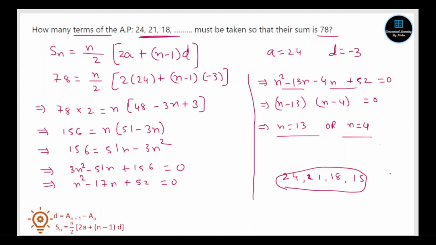Do we get 78? Yes, we'll get 78, right? Now, when I complete this AP, I'll get some negative terms also, because if I write 13 terms, then I'll get some negative terms, and those negative and positive terms sum up to 78. So this is how we get two values for n.